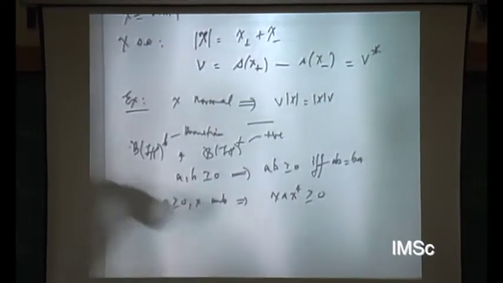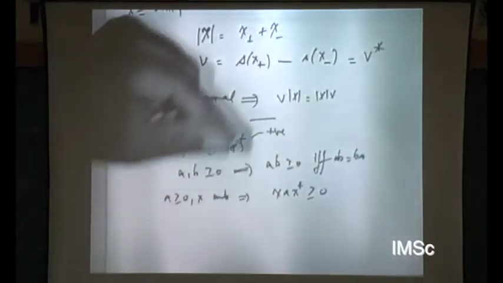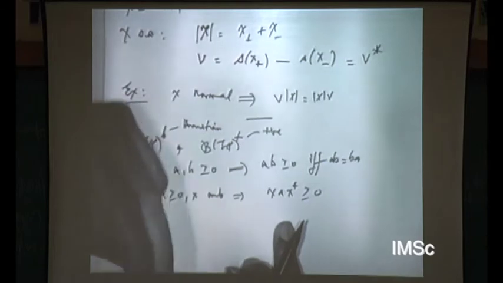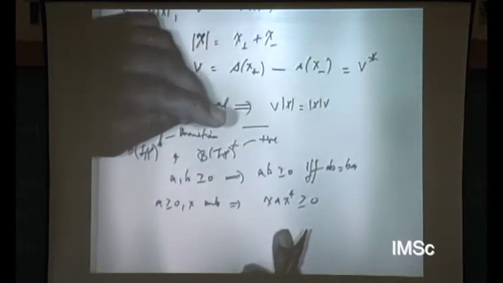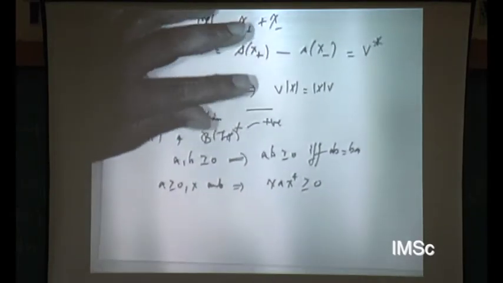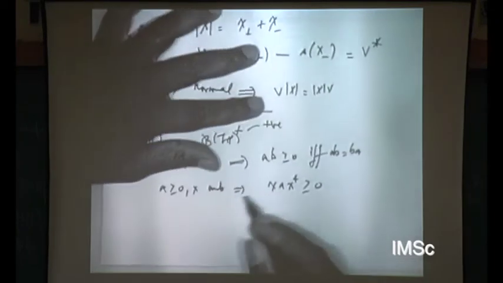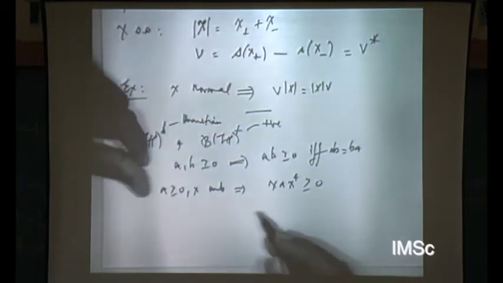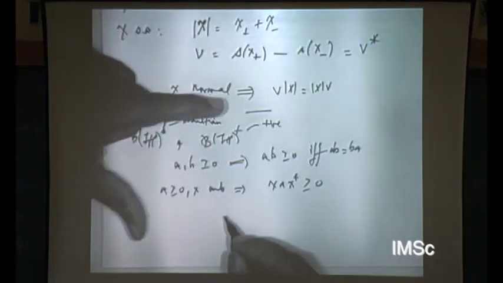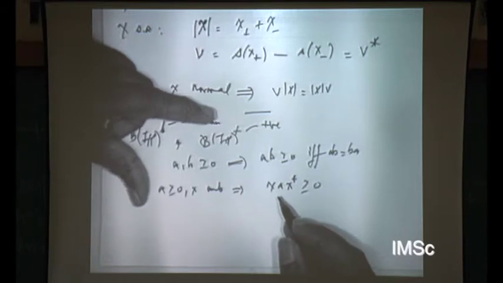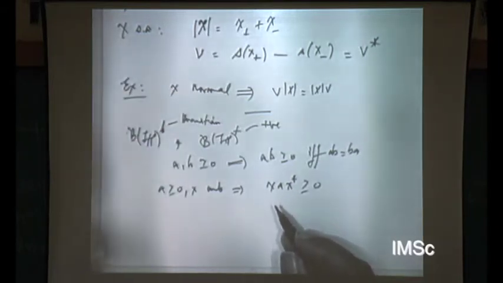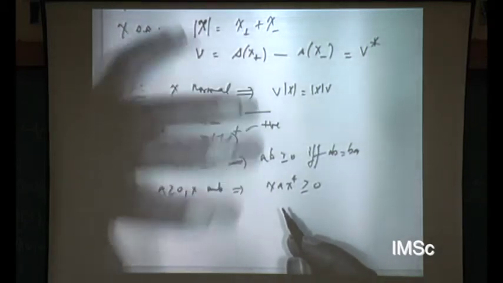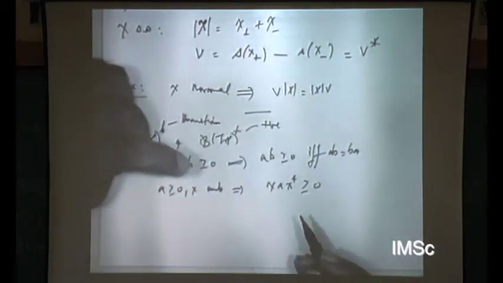Or you use the other thing, that this is something star something: this is X A to the half times the adjoint of it itself. So we'll be using this fact very often, namely that the map sending A to X A X star is a positivity preserving mapping.